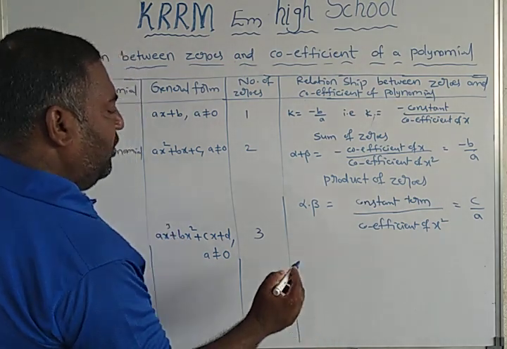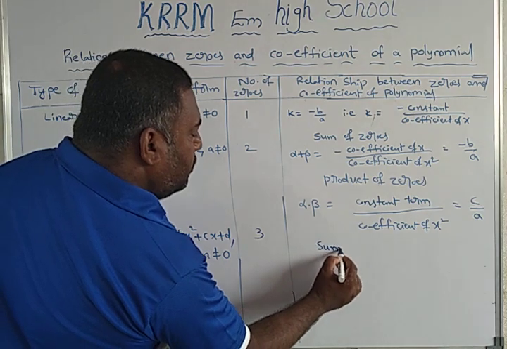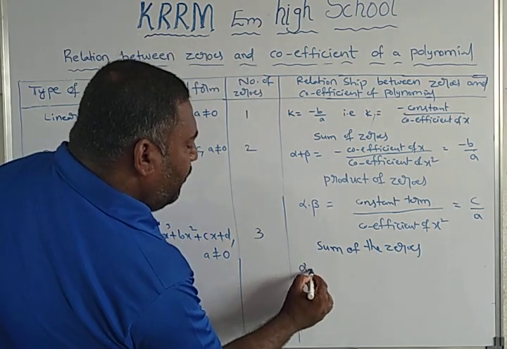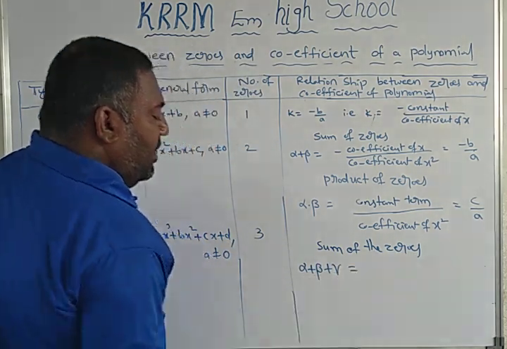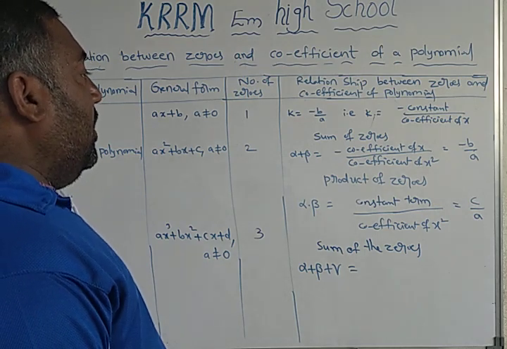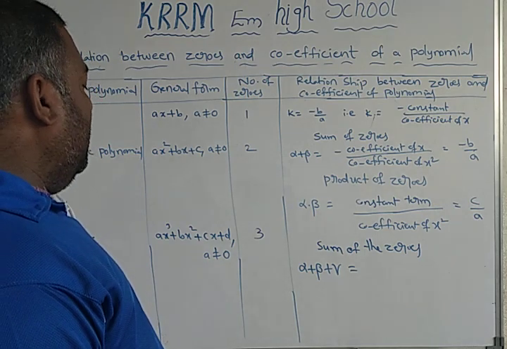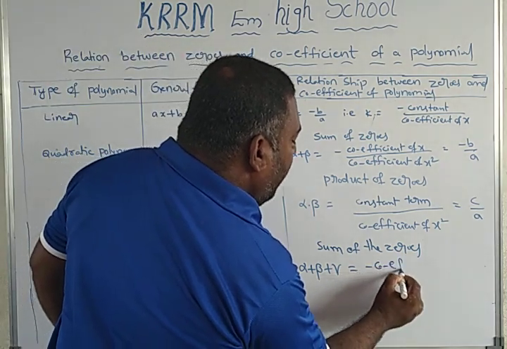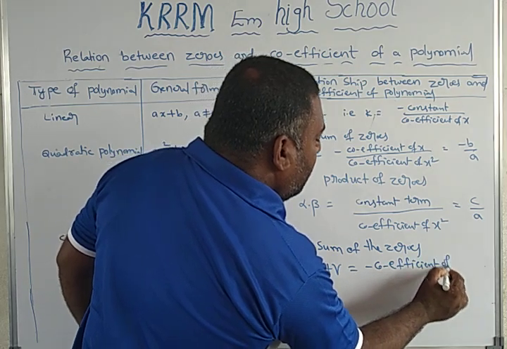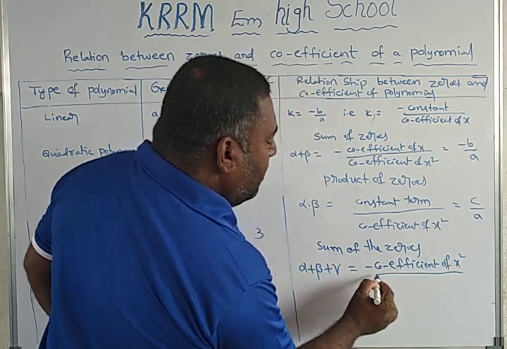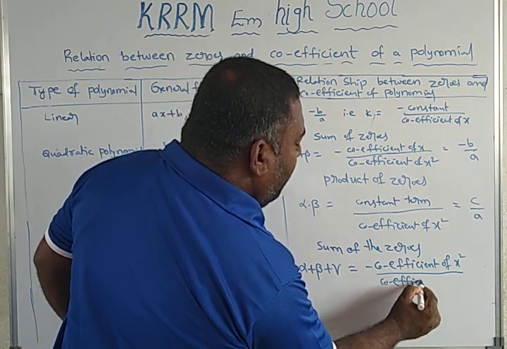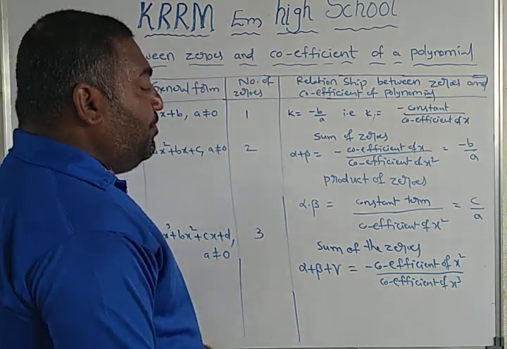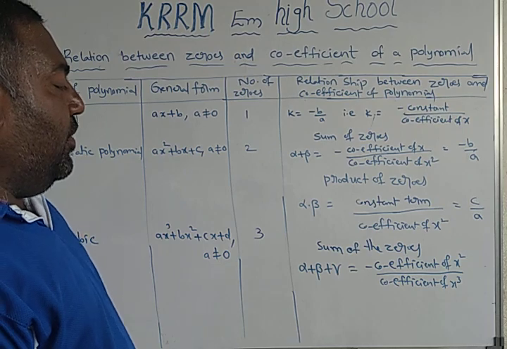So what is the relationship between zeros? The first one is the sum of the zeros, which is alpha plus beta plus gamma, equal to minus coefficient of x square divided by coefficient of x cubed.